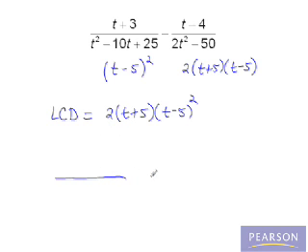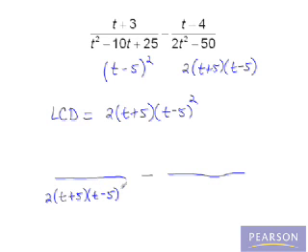So we'll have two fractions, and our common denominator will be 2 times (t + 5) times (t − 5) quantity squared. Same thing on the right fraction. Now we'll compare our least common denominator with our original denominators to see which factors are missing.